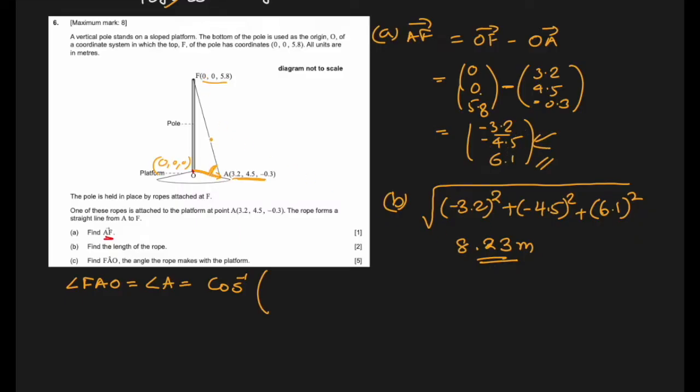We're finding this angle, so we'll take this vector as well as this vector, and AF is already known to us: minus 3.2, let me write in algebraic format, minus 4.5 j plus 6.1 k, dot this, the position vector of OA, 3.2 i plus 4.5 j minus 0.3 k.